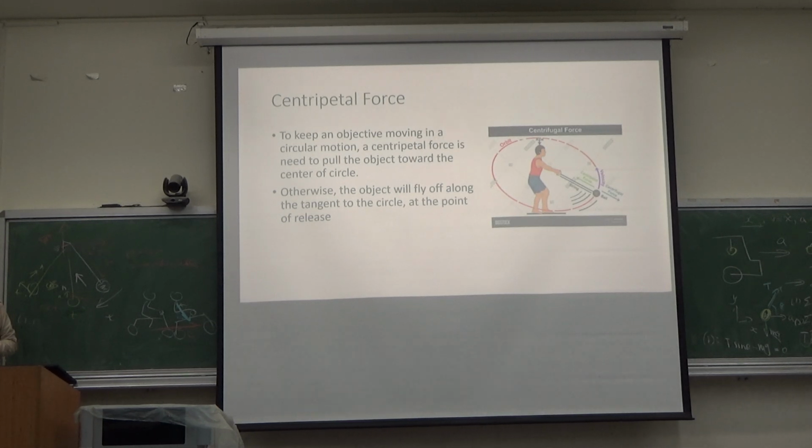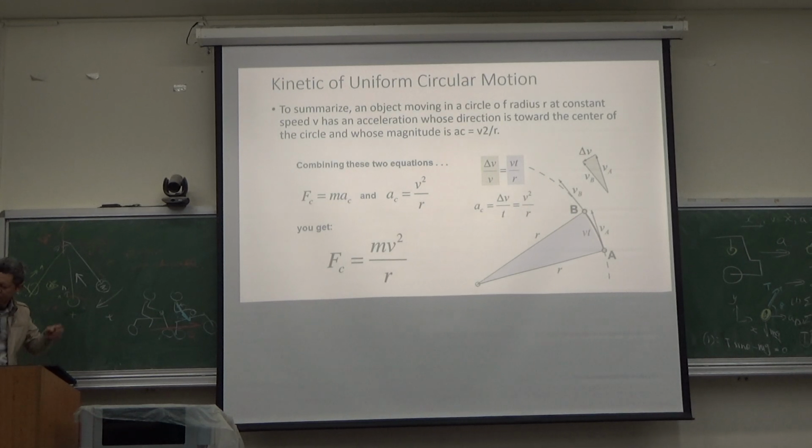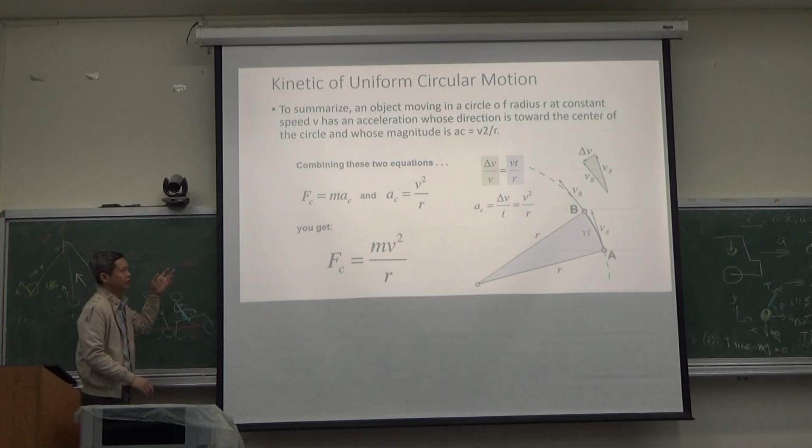Okay, and then for the hammer throw, the sportsman has to provide the pulling force as a centripetal acceleration force. Once it is let go, the hammer will be thrown away along the tangent line. Okay, how much is the centripetal force required?